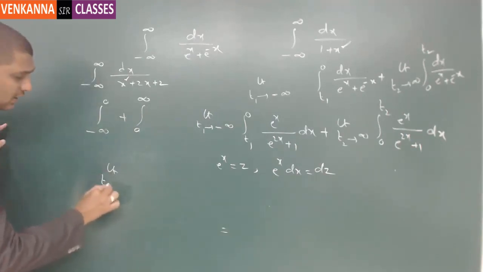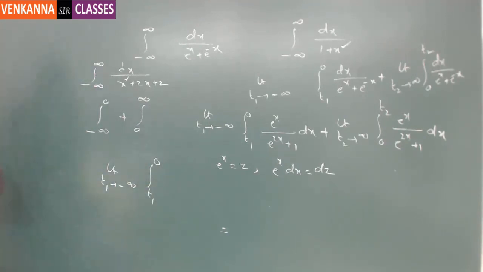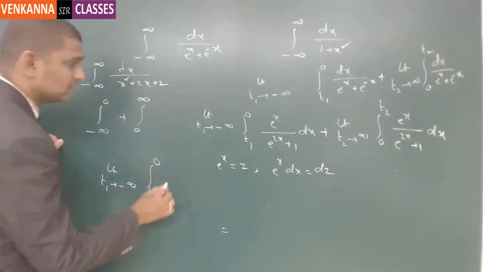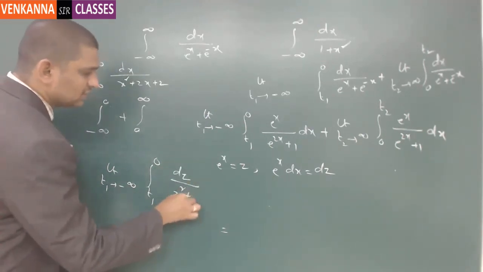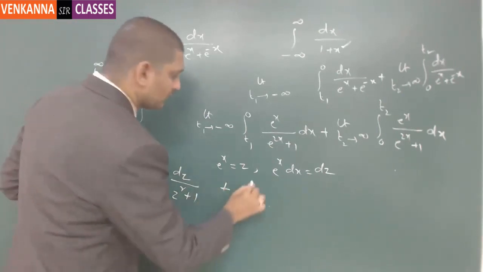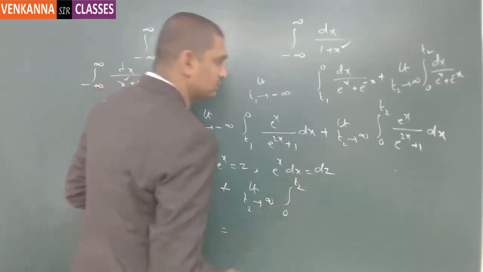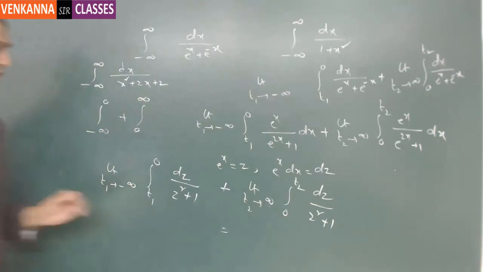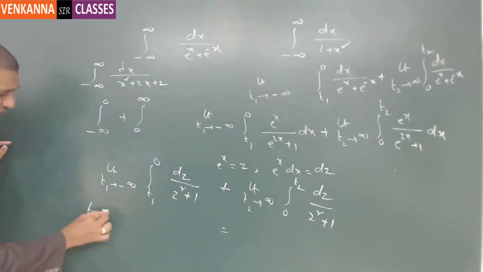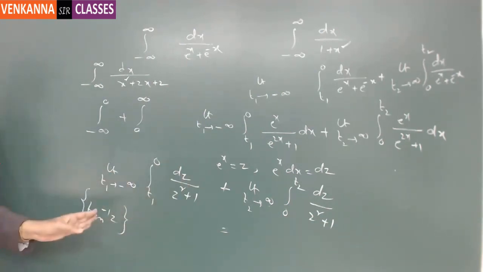Limit t1 tends to minus infinity, integral t1 to 0, the value will be dz by z square plus 1, limit t2 tends to infinity, integral 0 to t2, same dz by z square plus 1. So here the integration is nothing but tan inverse z between the limits, and you are going to apply t1 tends to minus infinity and t2 tends to infinity.